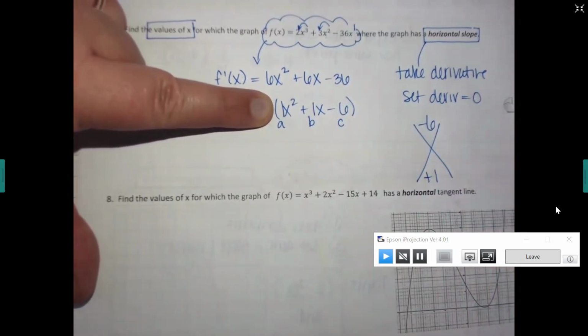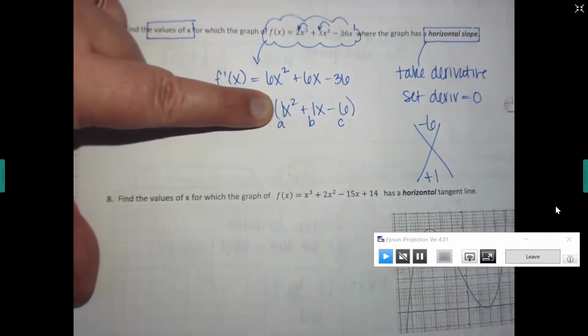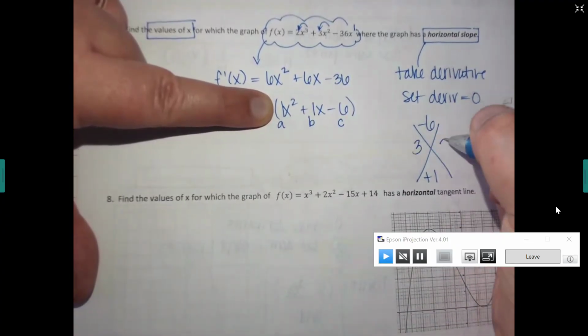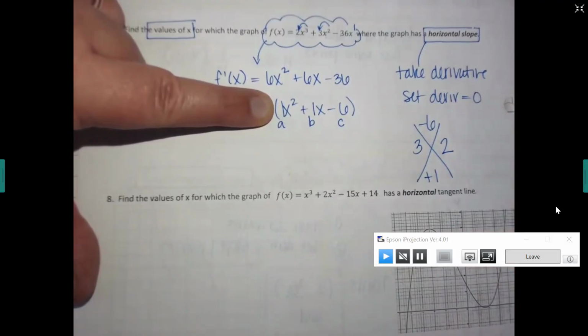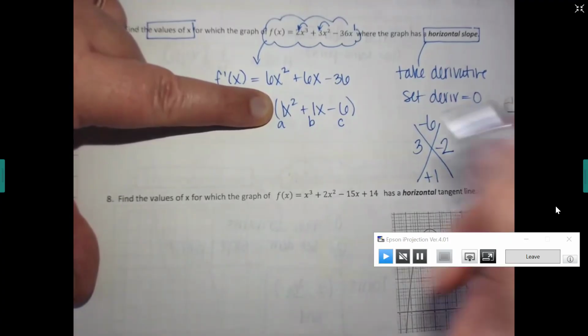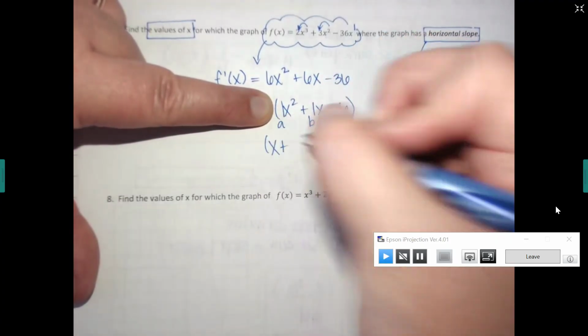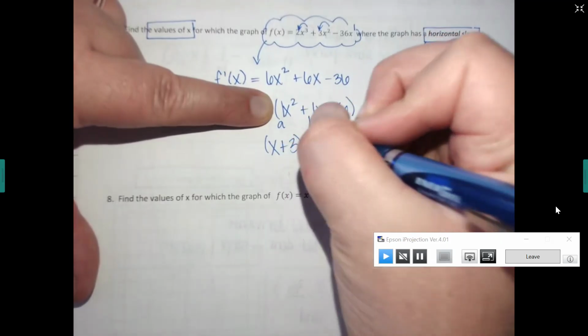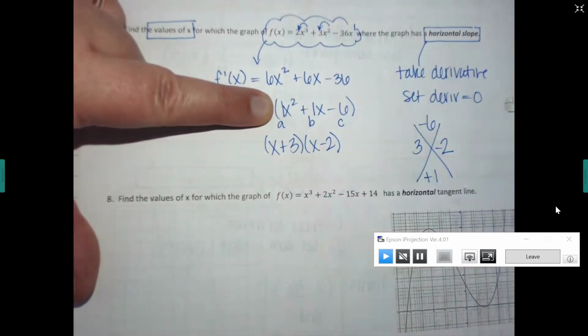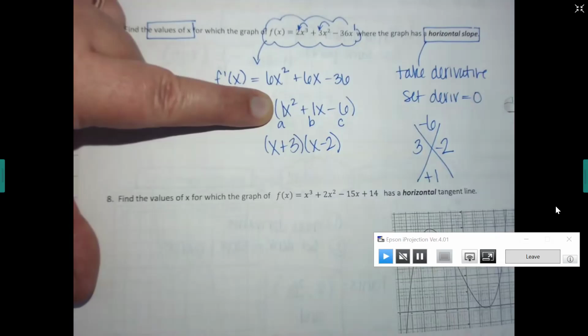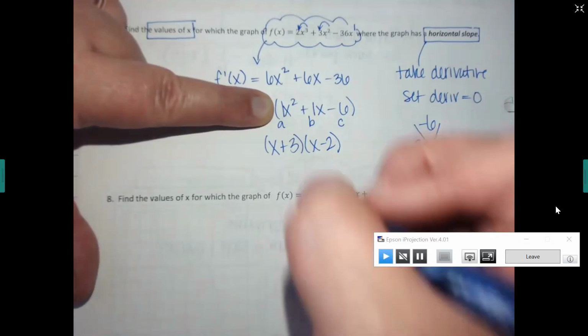I need a basement number of 1. What factors could I use? 3 and 2. And if I want to keep the 1 positive, where should I put the negative? On the 3 side or the 2 side? 2, very good. So my factors are x plus 3 and x minus 2, which means that my solutions are the reverse signs to that.